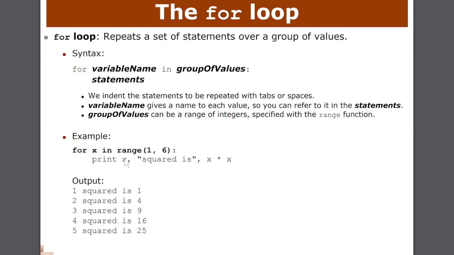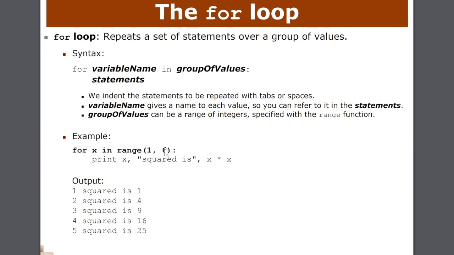So then we'll print x squared is x times x. So basically, the first time this loop runs, x is 1, right? It'll start at 1, and it'll print 1 squared is 1 times 1, which is 1. And then it'll increment x to be 2. And then it'll be 2 squared is 2 times 2, which is 4.